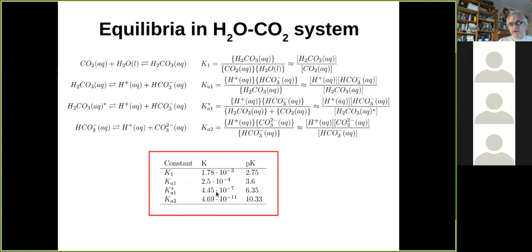I don't know if I explained it. Yeah, I think I understand. It's not really that it's weaker, but the denominator is larger.